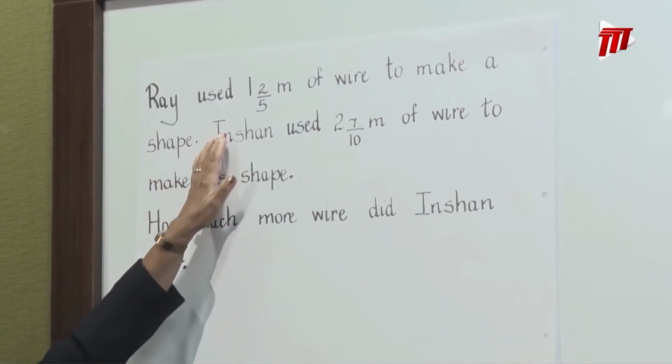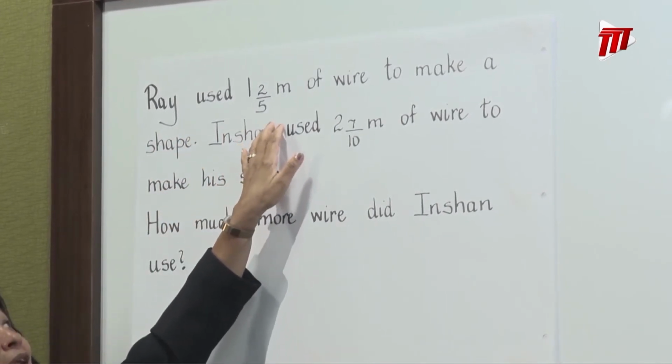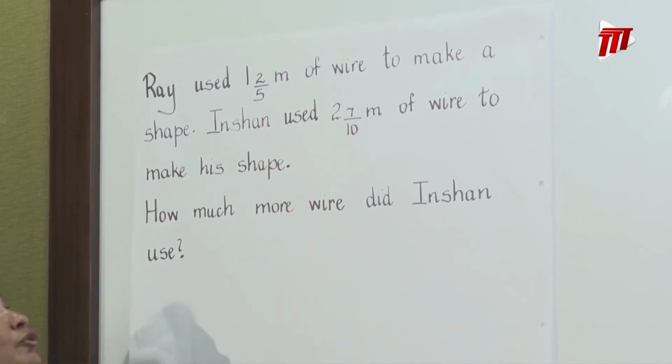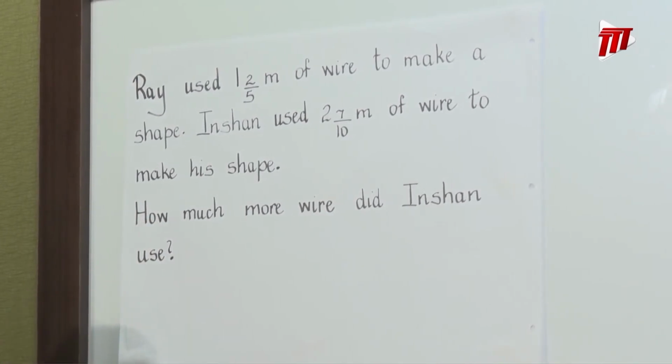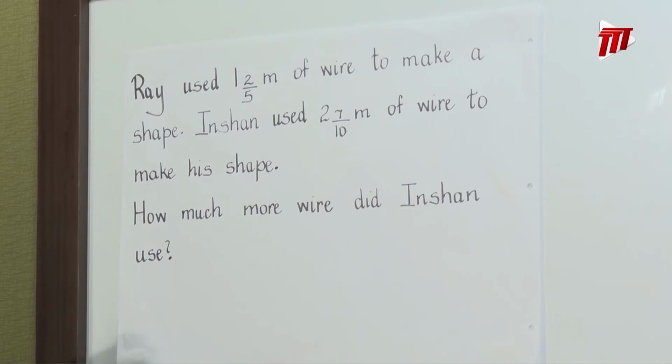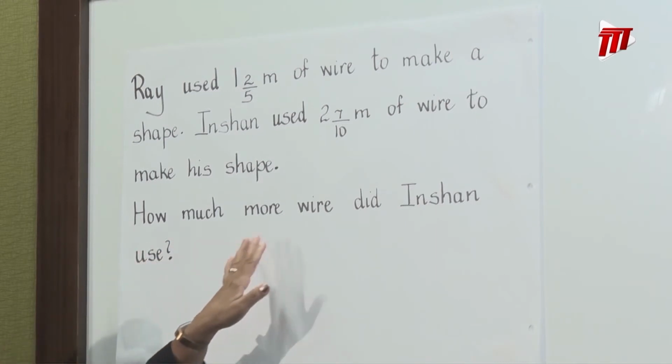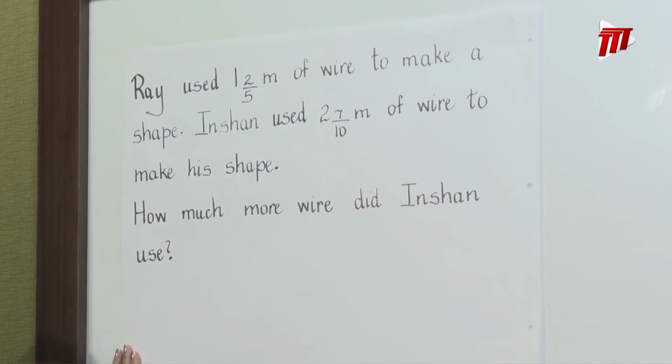Ray used 1 2/5 meters of wire to make a shape. Anjani used 2 7/10 meters of wire to make his shape. How much more wire did Anjani use? So we have two guys making shapes.